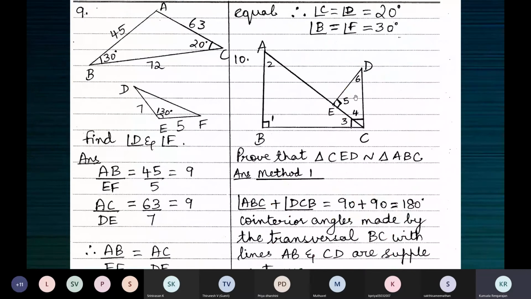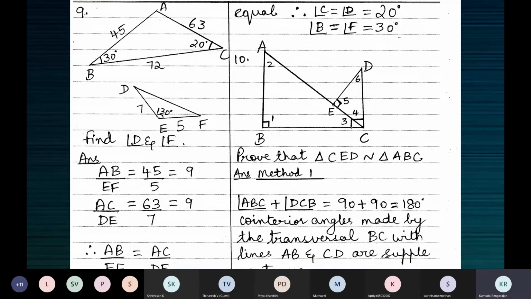Which angle is 90 degrees in the small triangle? Angle 5, ma'am. We use the numbers, please, if possible. Angle 5 is 90 degrees. So what will be the measure of angle 6 plus 4? 90 degrees, ma'am. Yes or no, children?